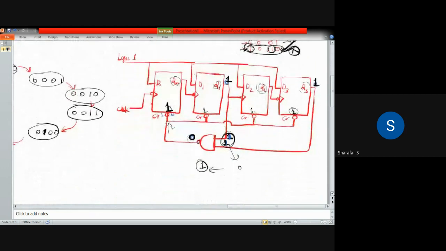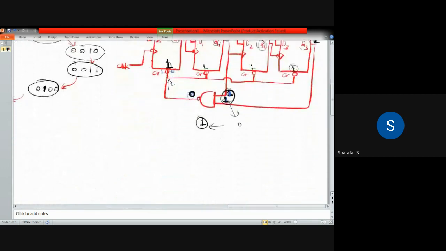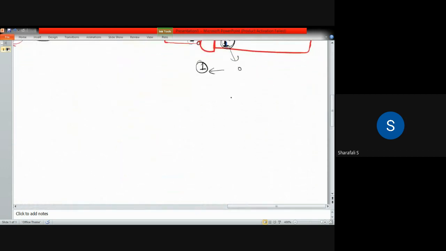If you are considering a 7-segment display, how many numbers do you have to show? You have to show up to 9. So there will be 7 segments like this. The maximum that you can get from this 7-segment display is 9. You will not get 10.